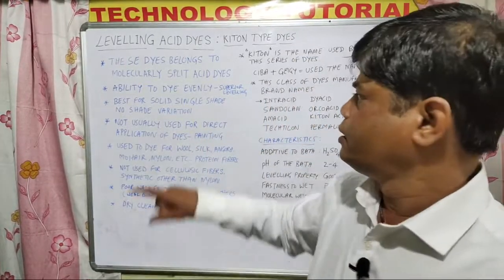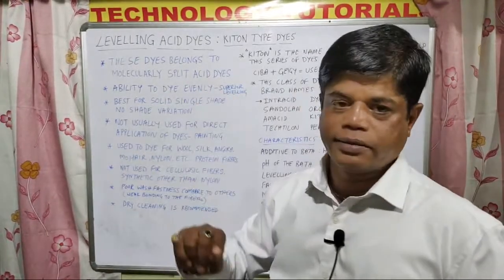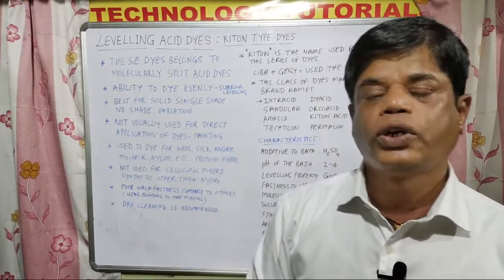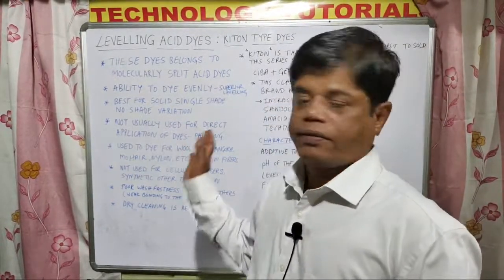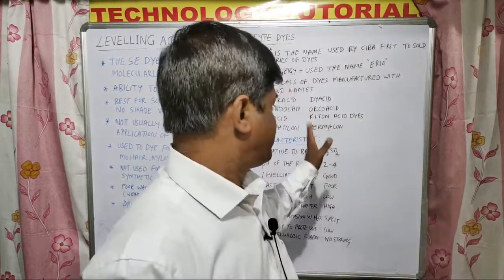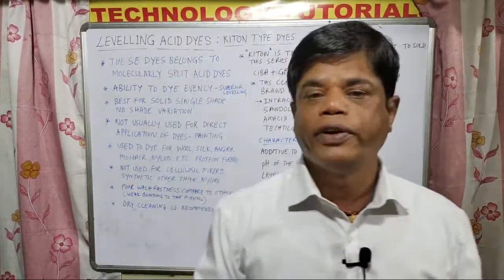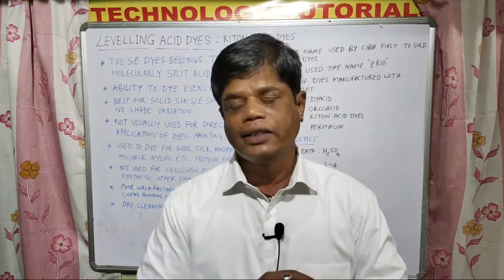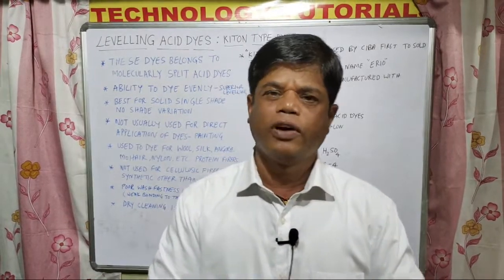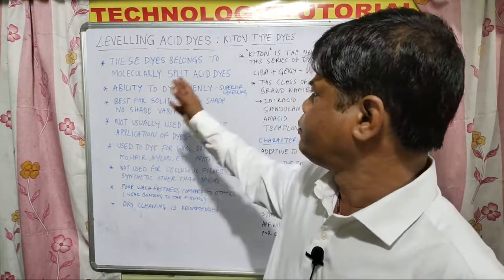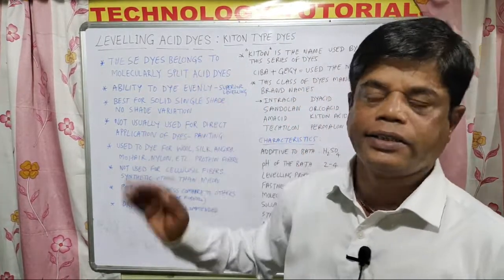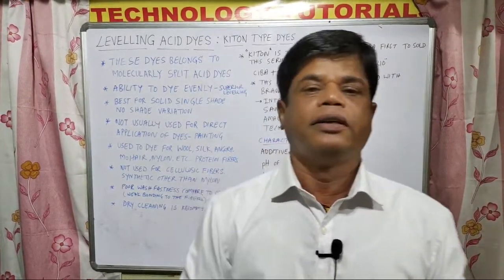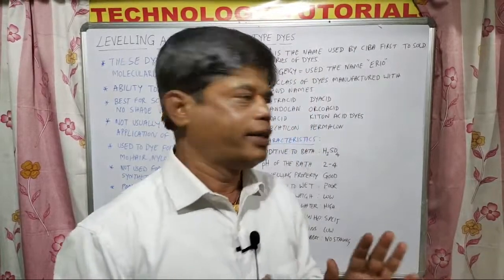A neutral bath is not good for this class of dyes. So H2SO4 sulfuric acid or formic acid is usually added to increase the affinity in the dye bath.